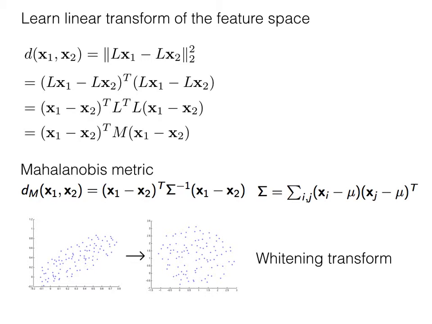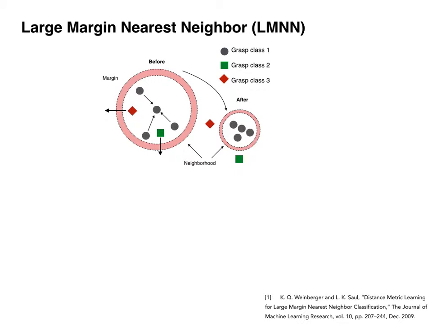And there's a set of algorithms that tries to learn M given some conditions on the set of points. And the one we use in this paper is the large margin nearest neighbor. LMNN sets up the problem in the following way. Let's say we have a set of classes: grasp class 1, grasp class 2, and grasp class 3.